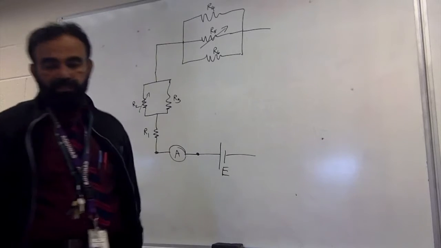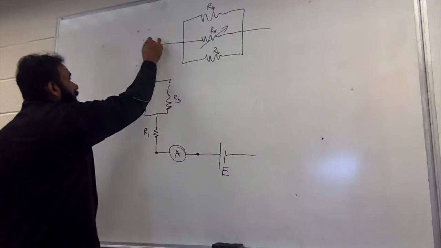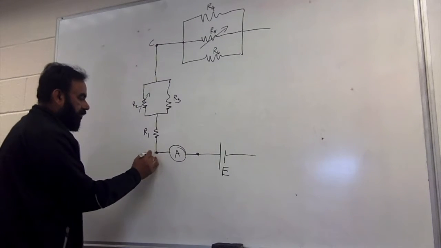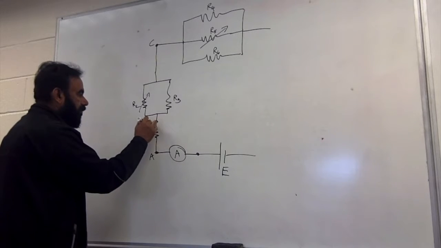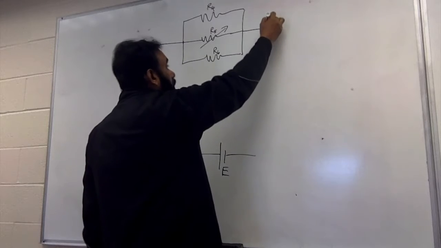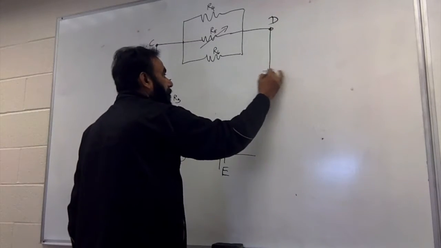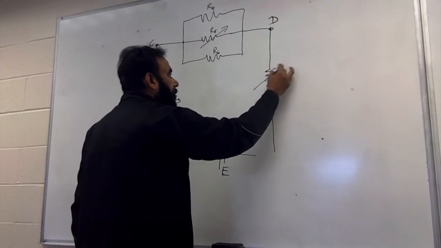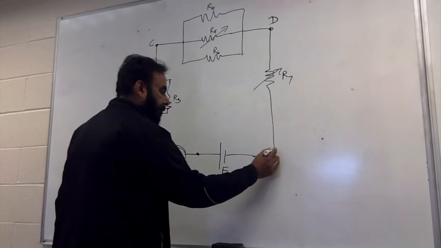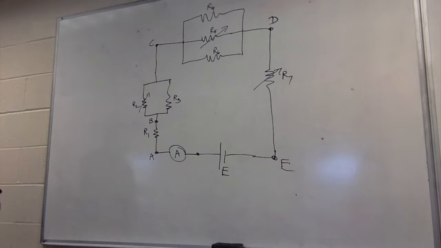What are those arrows? It's a variable. That's your circuit.